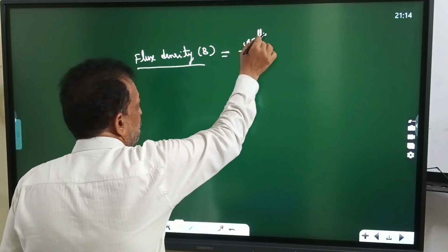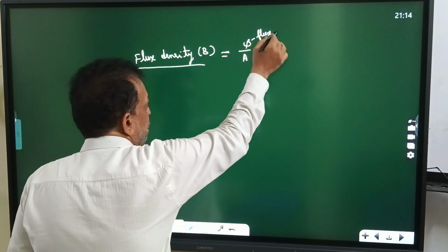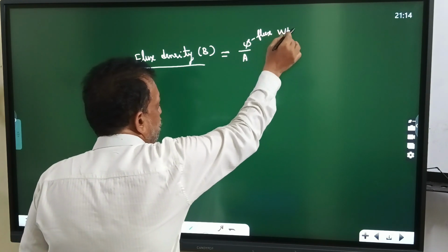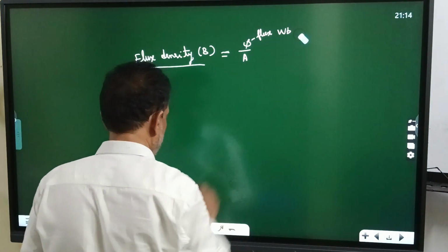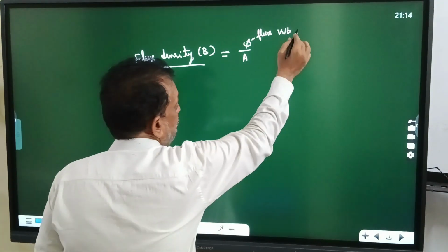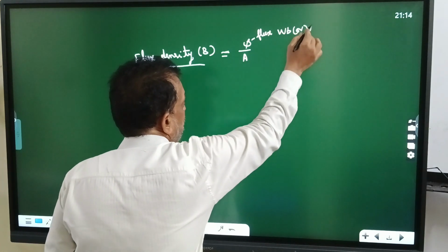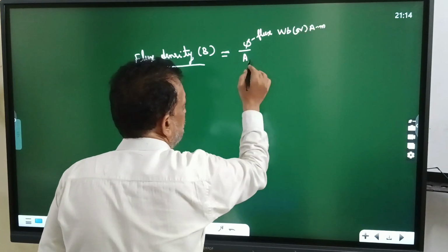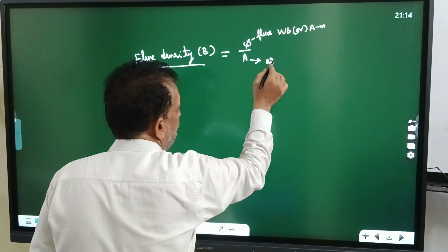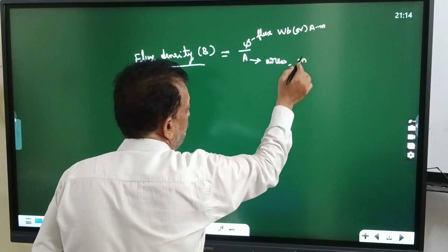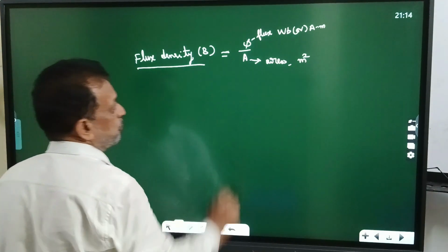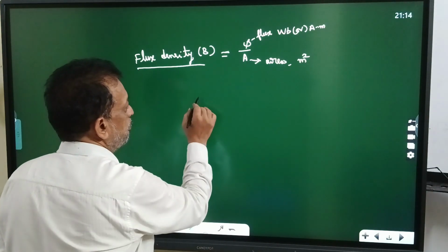So the unit of flux is Weber. Weber is nothing but ampere meter, pole strength. A is the area of cross section. What is the unit? It is meter square.